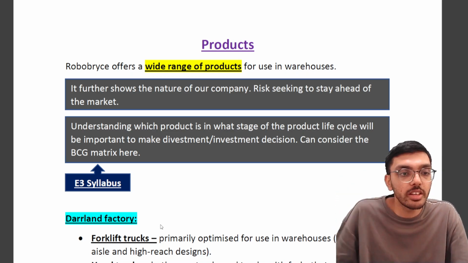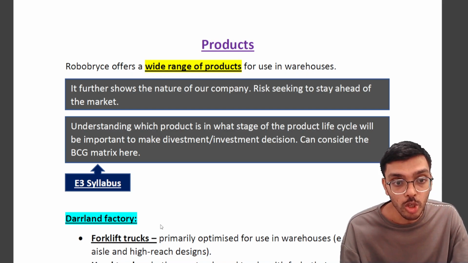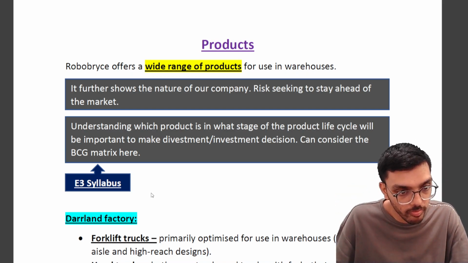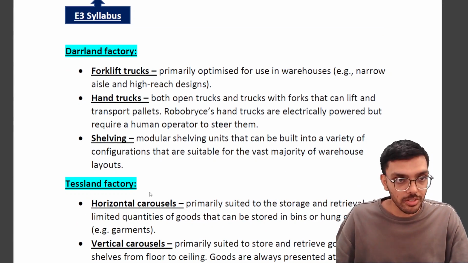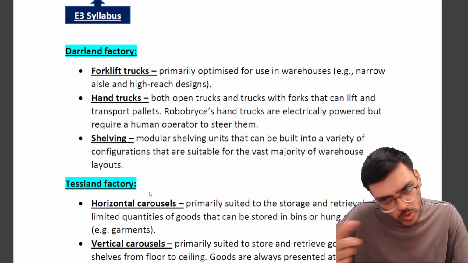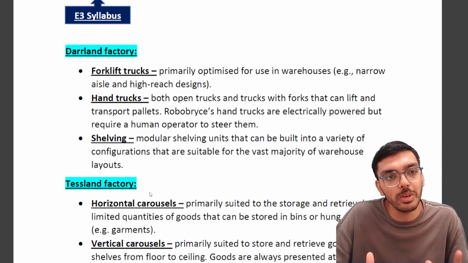So can consider the BCG matrix here, Boston Consulting Group matrix, which is from the E3 syllabus. So first, Darland factory. Darland is the newer factory, remember. Tesland has also been refurbished, but it was the traditional one factory that we had.